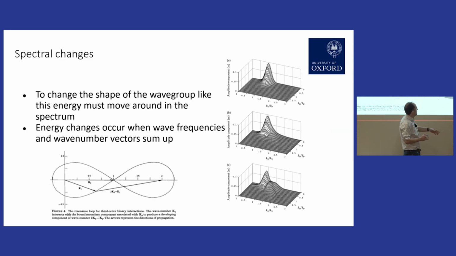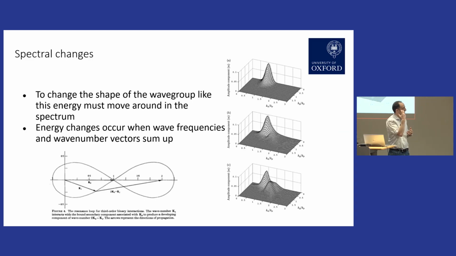Well, the biggest change is perhaps one which is the least obvious, but the peak of the spectrum was initially here, and that's been downshifted. So what has happened is that those resonant nonlinear interactions have led to the peak of our wave spectrum moving downwards.